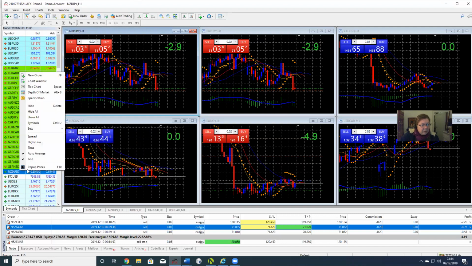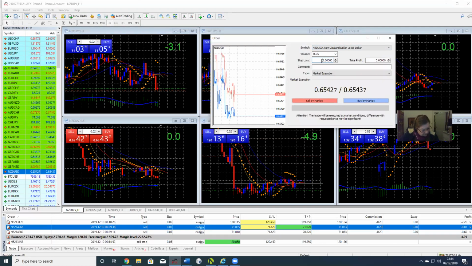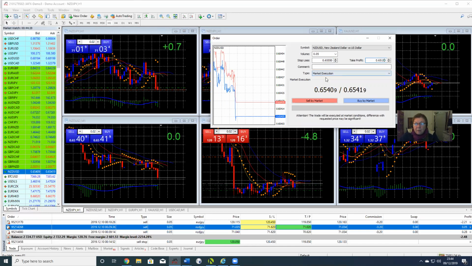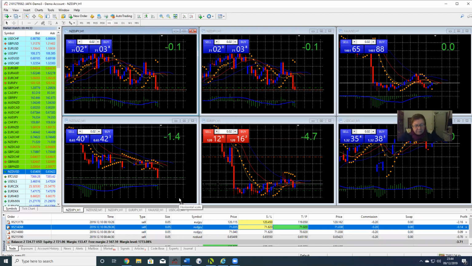So we're going to right click, new order, we'll leave it on the same lot size, stop loss 0.6555, take profit, we're going for TP2 because price has already started to move, 0.6515. And we're going to do immediate market execution there.